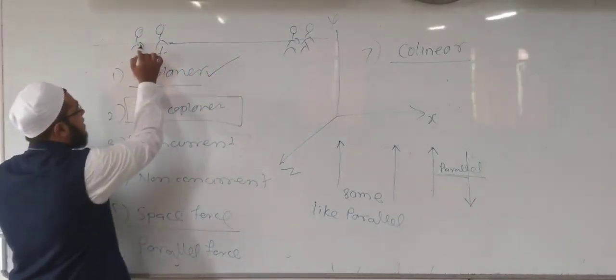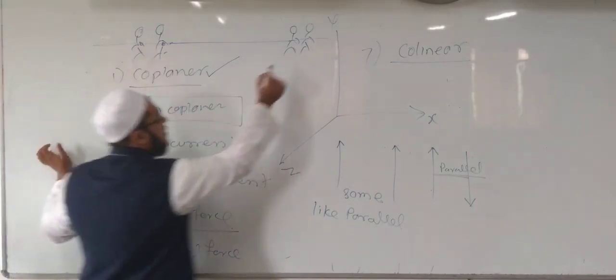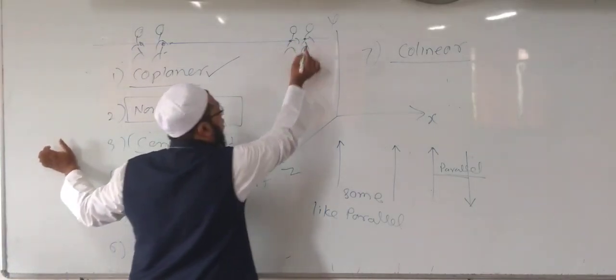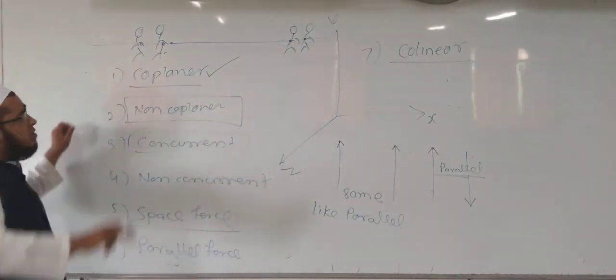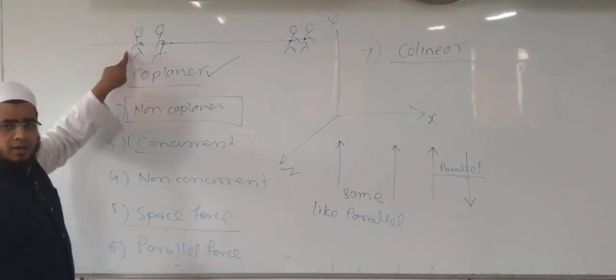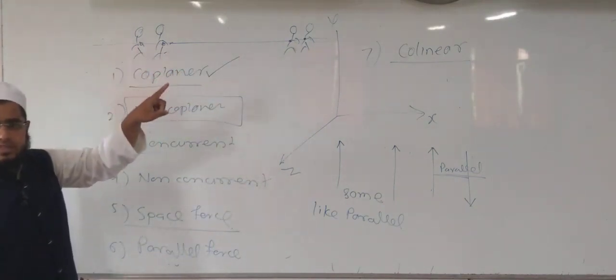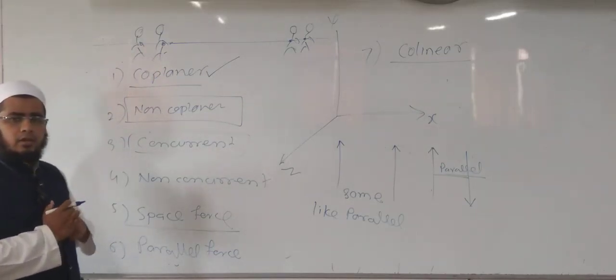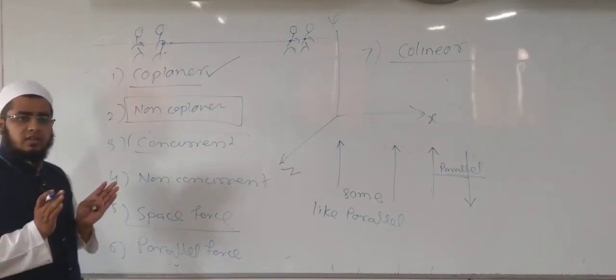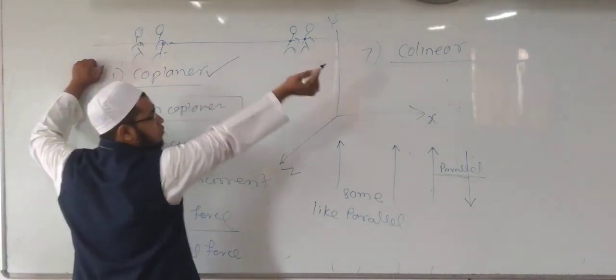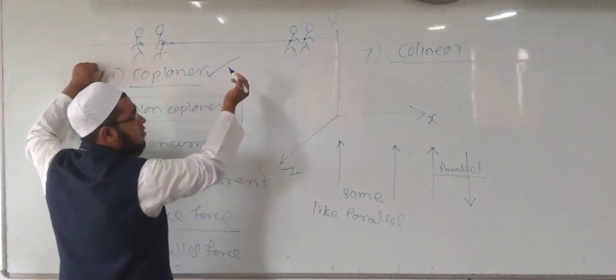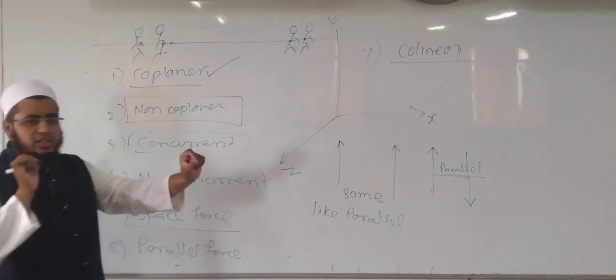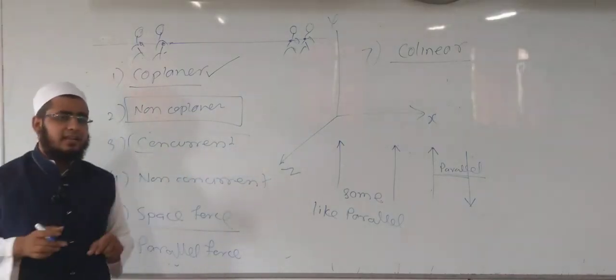This person is applying at this position, then at this, all four forces, the point of application is different, but the line of action is the same. The direction is not important in collinear forces. Whether it is rightward or backward, no issue. Only the line of action should be in a single line.